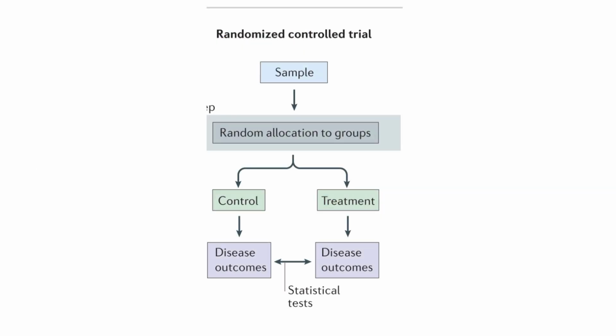Okay, so how are we going to get to causality? Well, we get to causality through trials, through RCTs. Because we randomly allocate people to a treatment group or a control group, and then we follow up, we know that any difference must be caused by the treatment.